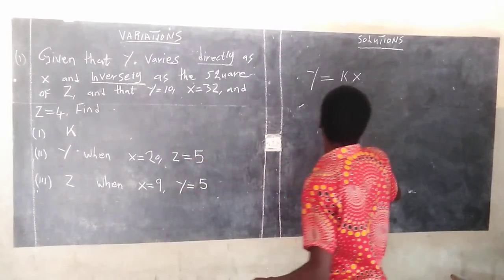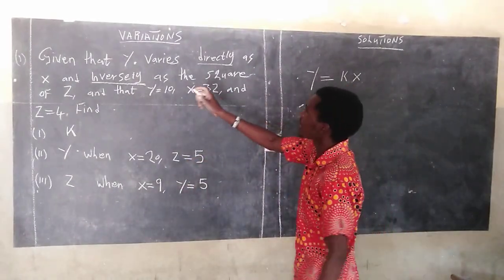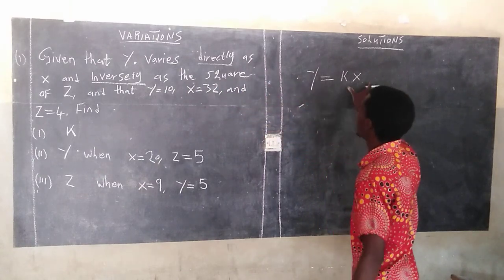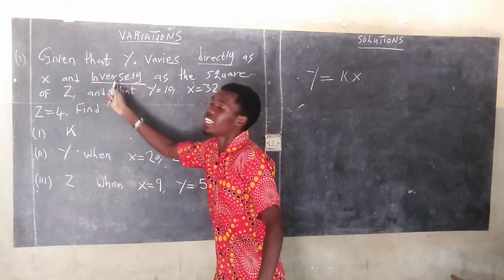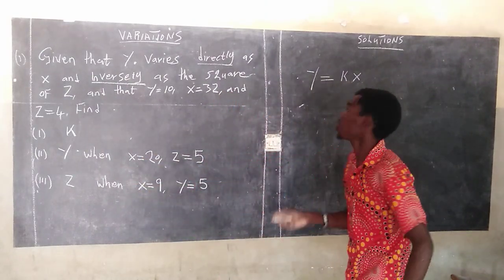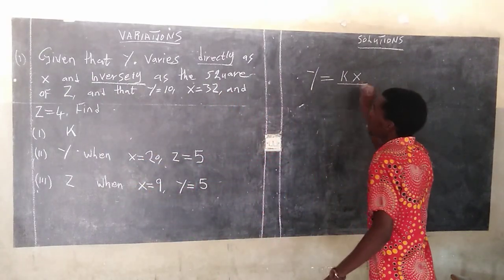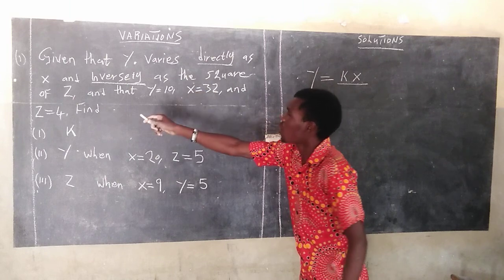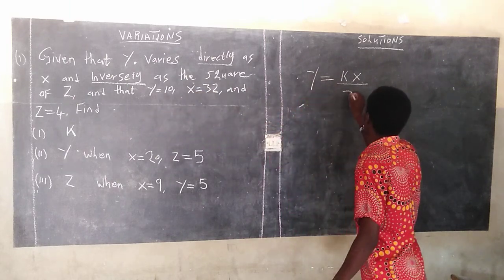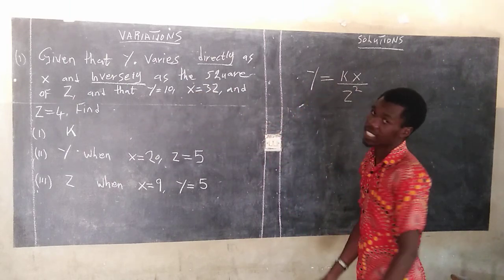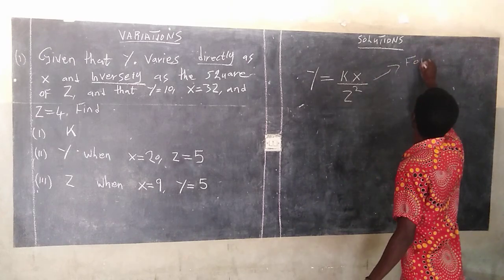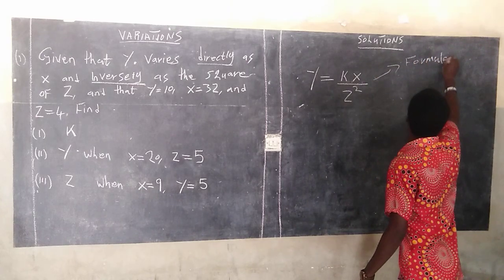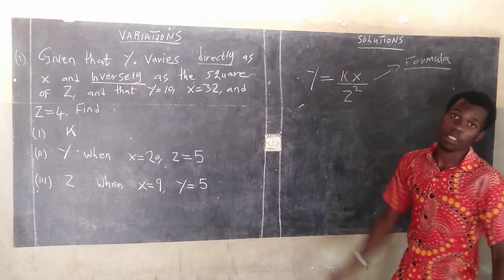So given that y varies directly as x, and inversely means division, I'm going to divide by the square of z, meaning z squared. So now this is the formula.